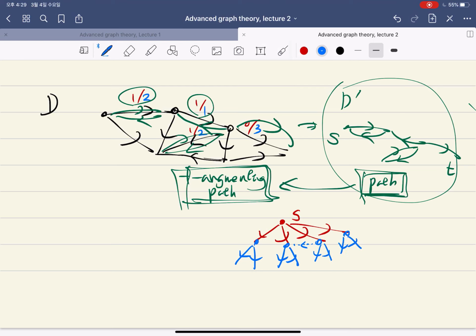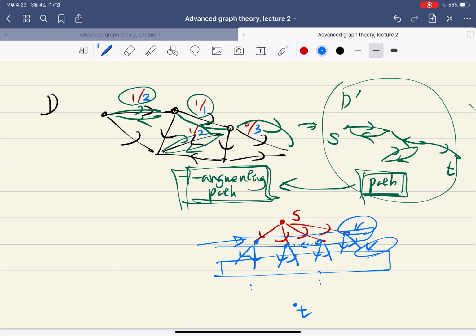So you find all the vertices reachable by distance 1 from S, and all the vertices reachable from S by distance 2, and you keep doing that until you hit T. By doing this, you check all the vertices which can be reached by 1 step, and by 2 steps, and so on.